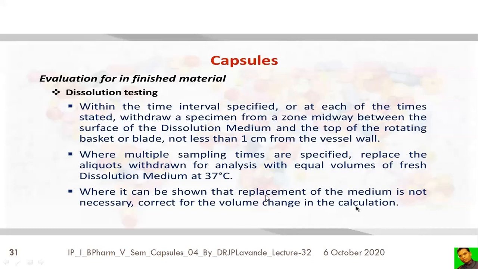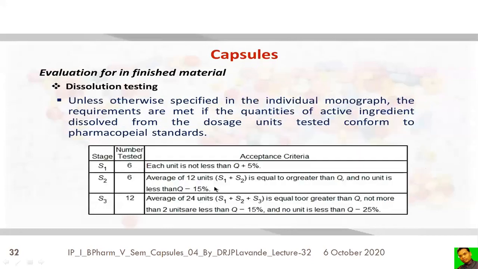Where it can be shown that the replacement of the medium is not necessary, then correct the volume change in the calculation. Unless otherwise specified in the individual monograph, the requirements are met if the quantities of active ingredient dissolved from the dosage units tested conform to the pharmacopoeia standards.